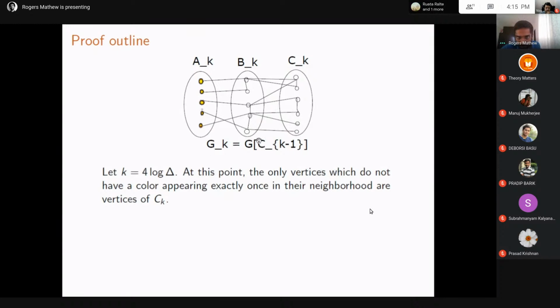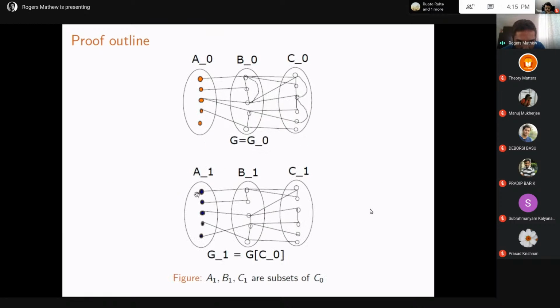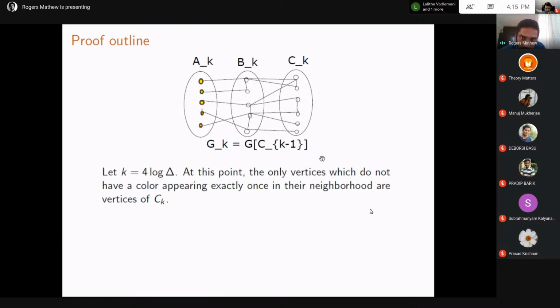You keep doing this. And now what is left to be taken care of is basically the vertices of CK, right? So you first took care of A0 and B0. C0 was left as the vertices we had to take care of. We divided it into A1, B1, C1, and A1, B1 were taken care of by the second round of coloring by giving a blue color. Now C1 we divided into A2, B2, C2.